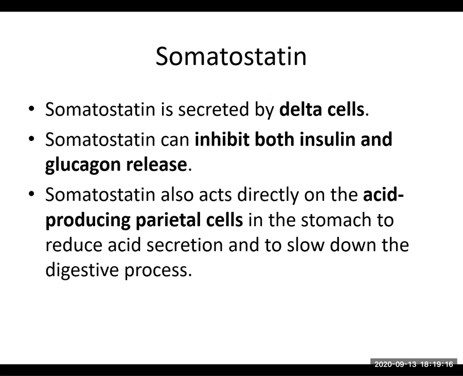Another hormone is called somatostatin. This one is produced from the delta cell, and it basically inhibits everybody else. It will inhibit the alpha cell to reduce production of glucagon, and inhibit the beta cell from producing insulin. It can also reduce the GI system, and the way it does this is to act on the parietal cells.